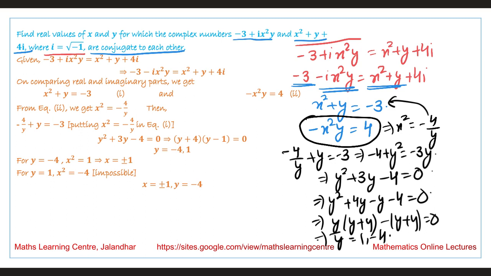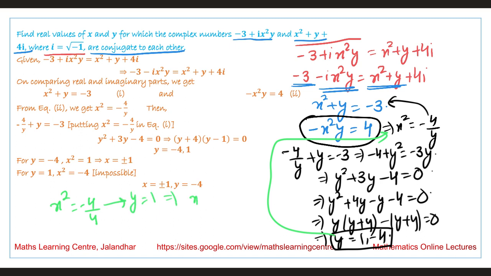Now by substituting y is equal to 1 and minus 4 in the equation x square is equal to minus 4 by y: when we substitute y is equal to 1, this implies x square is equal to minus 4, and when we substitute y is equal to minus 4, we get x square is equal to 1.